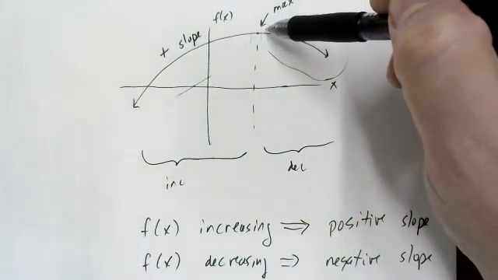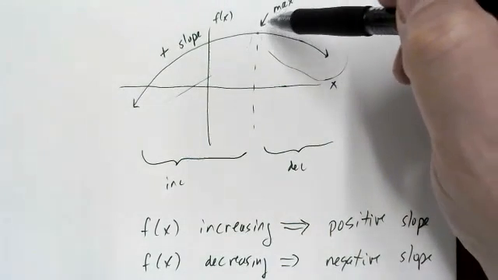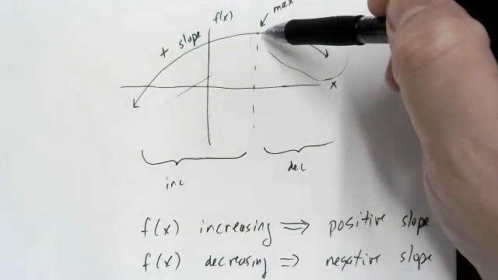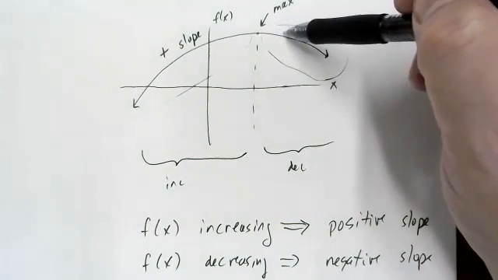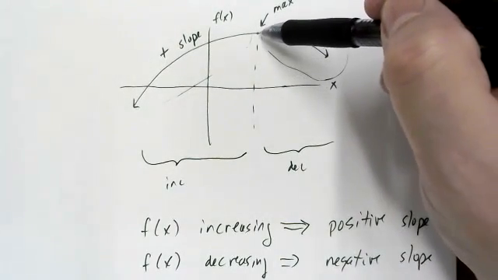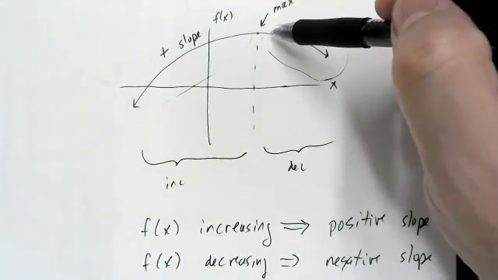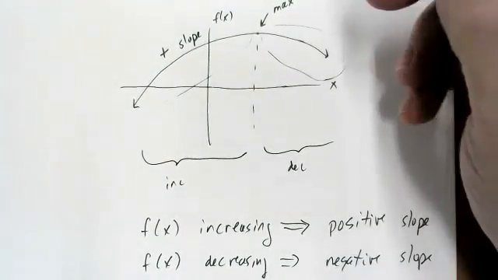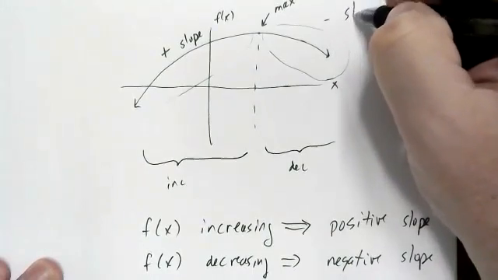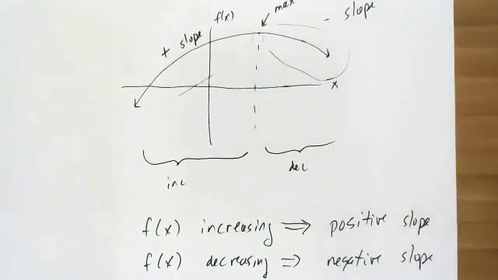You get to the maximum, then what happens after you go through the maximum? The function begins to decrease. And if you're going down the hill as you're moving to the right, then that region is considered to have a negative slope.